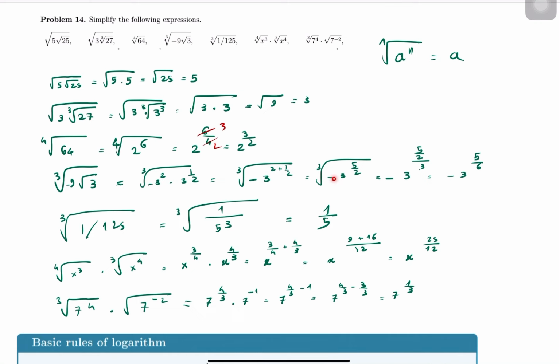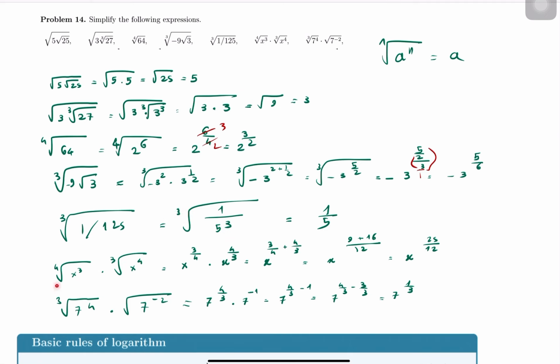Now this minus can go out, and the result will be power divided by root, and I put one number here, and it will be minus 3 power 5 over 6. Here I can also write 125 as 5 power 3, and from the rule, if this power equals the root, we can cancel each other and it goes out.